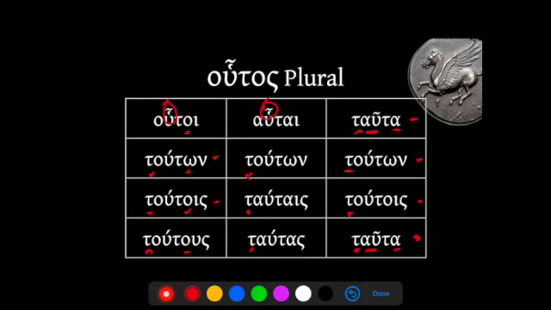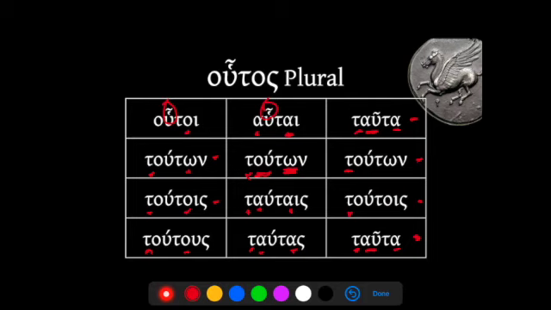And then with the feminine, we also get another surprise. So all throughout the plural, we have the alpha in the stem. So our rule, the tail wags the dog. We have that alpha in the stem. We have the alpha in the ending. Except our genitive plural, we have the O vowel. So that omicron gives us the omicron upsilon in the stem.